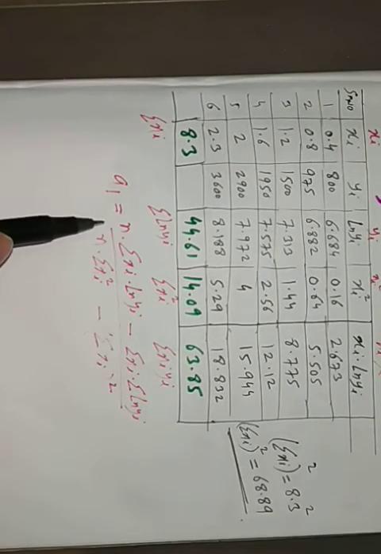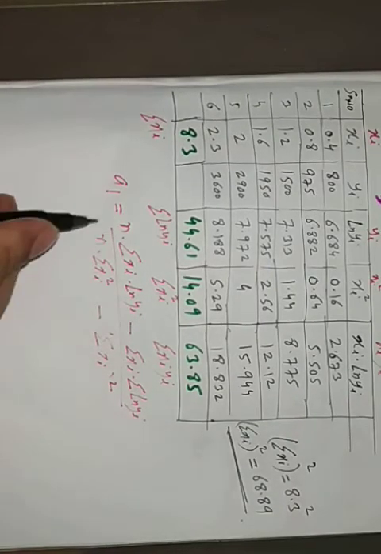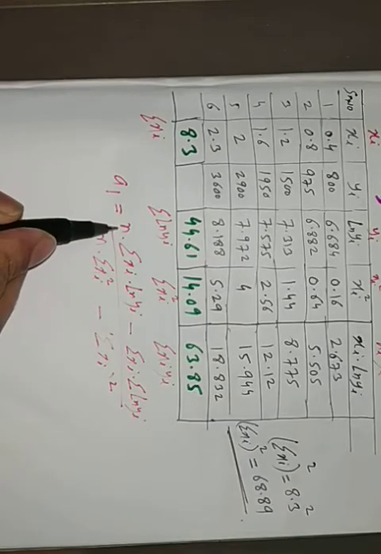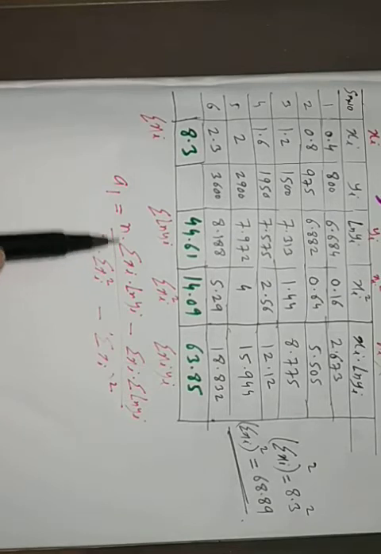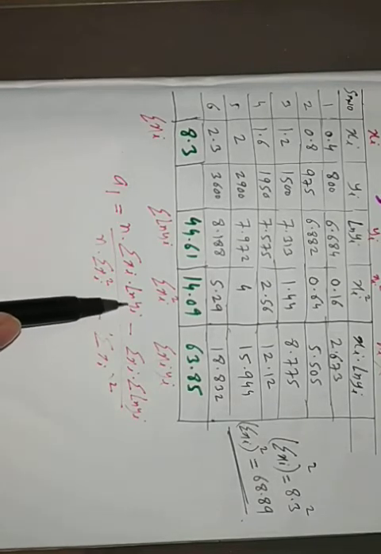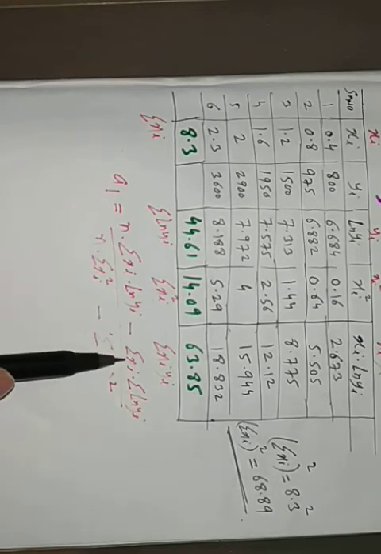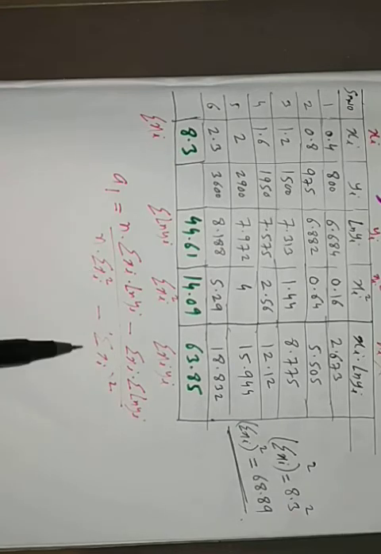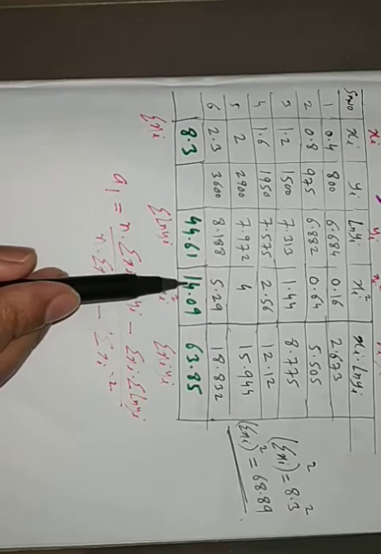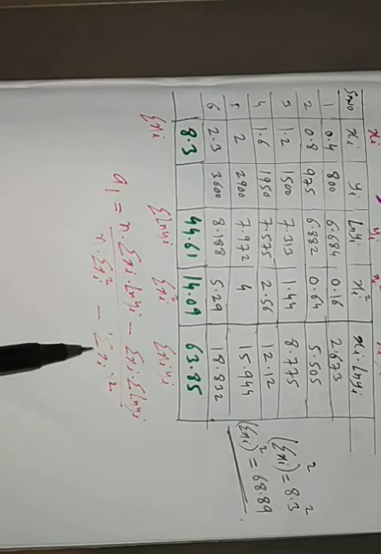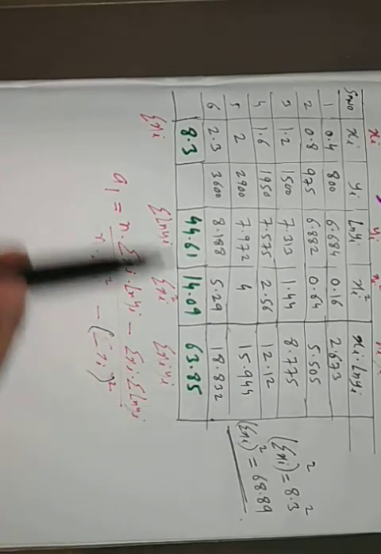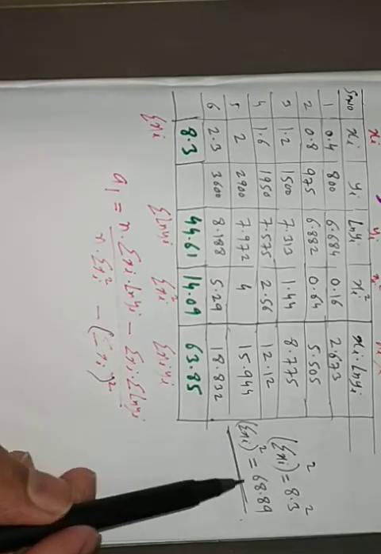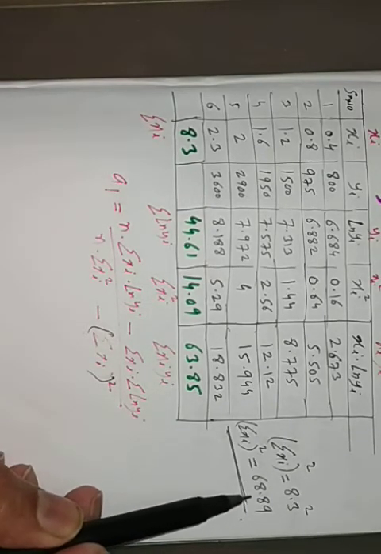So you put values here. N equal to 6, summation xi is 8.3, summation ln of yi 44.61, and all these values if you put, summation xi square is 14.09 and summation xi whole square means this value 68.89.